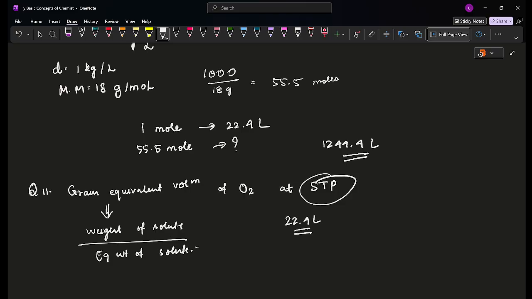And equivalent weight of solute is formula weight by gram factor. Yeah, there was something just about it.